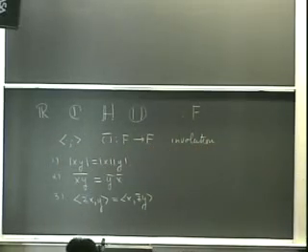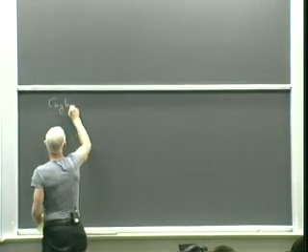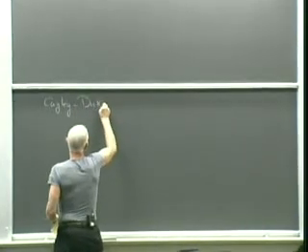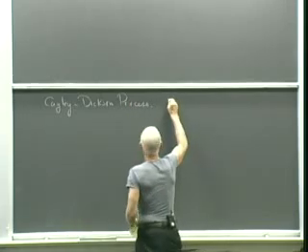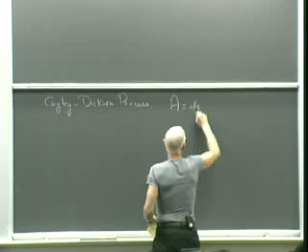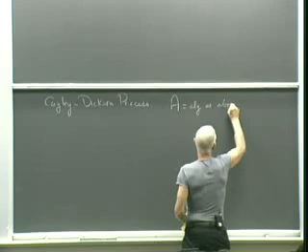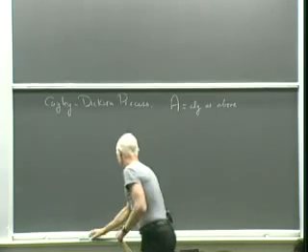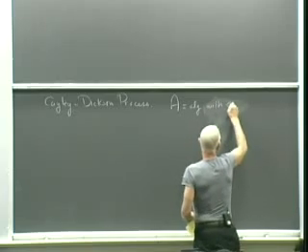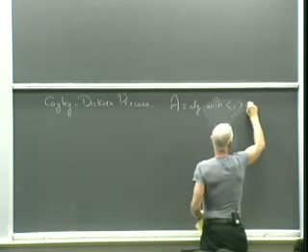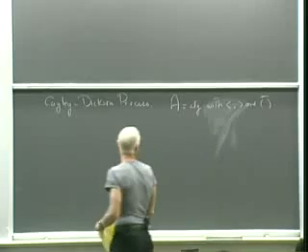Now, there's something called the Cayley-Dickson process that generates these things, so I should remind you about this. Suppose you start with an algebra with an inner product and with a conjugation map, etc., satisfying these nice properties.